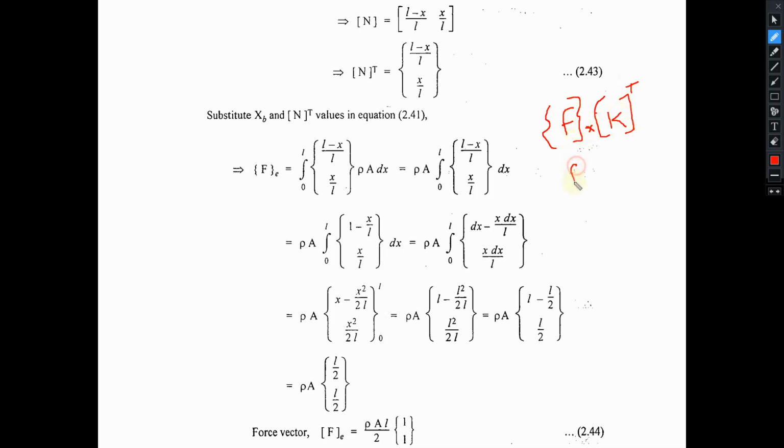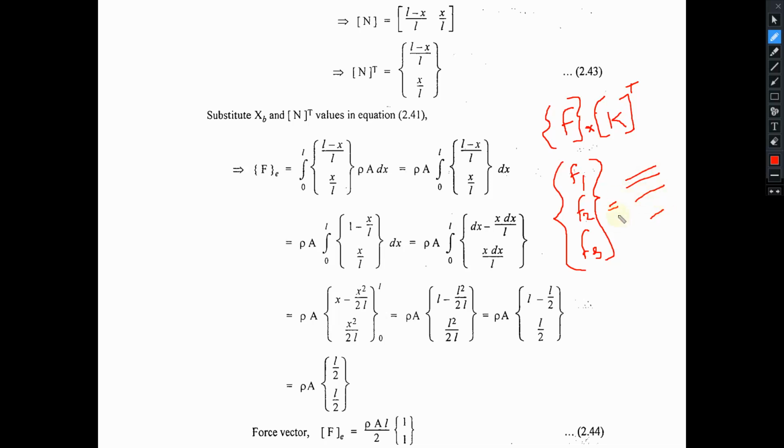Because f, suppose it is f1 f2 f3 etc., is how we represent force vectors. It will be a column-wise vector, and k will have a column wise value.